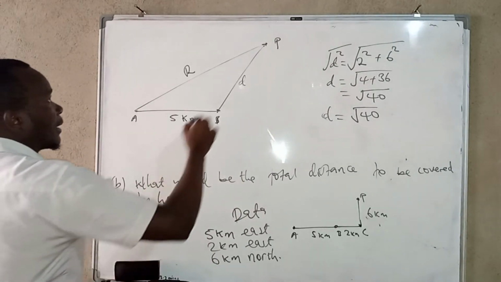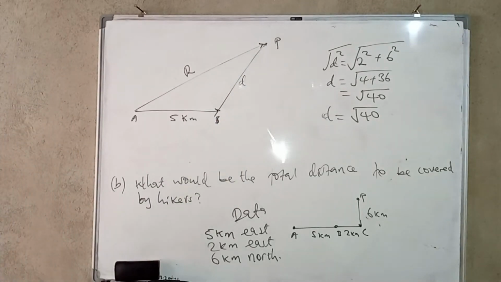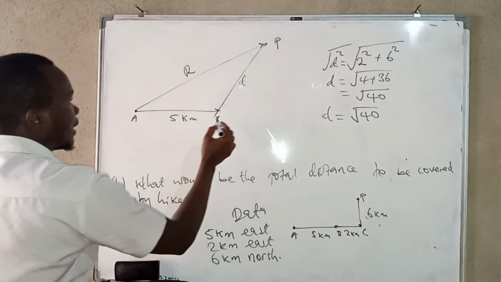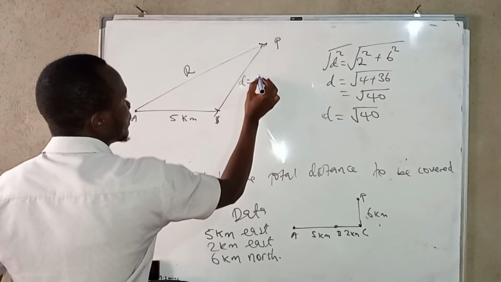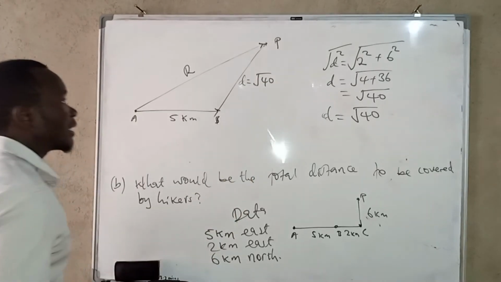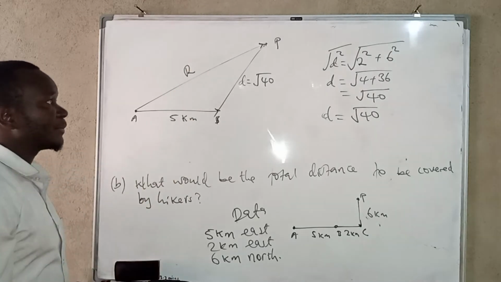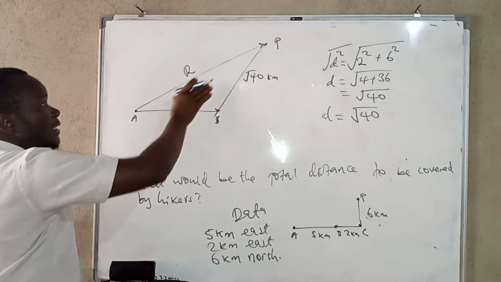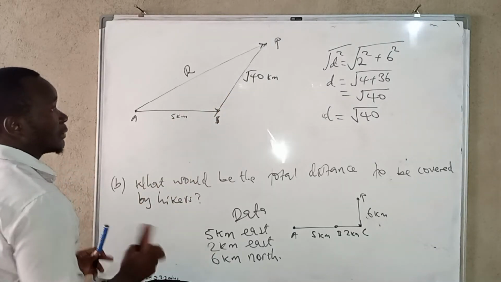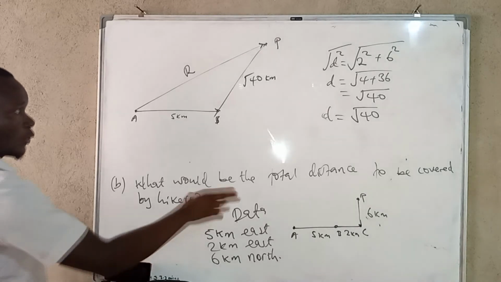From this point, we have this, then we have this, which is the square root of 40. We can even punch a calculator to find the square root. So this is the vector diagram. Since it is just a diagram, this is the displacement diagram.